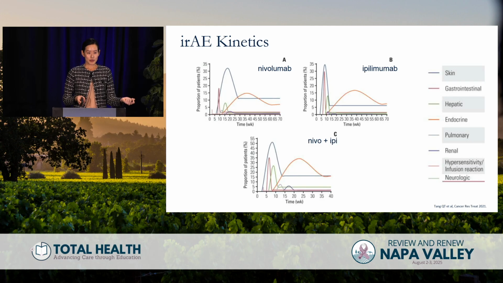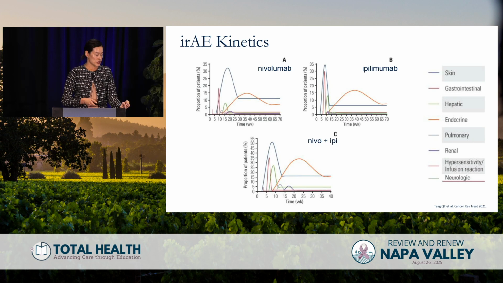When do IREs happen? That is what I've tried to illustrate here. The graphs you can see here are pooled analyses over 23 trials, in patients treated with either nivo monotherapy, ipi monotherapy, or a combination thereof.